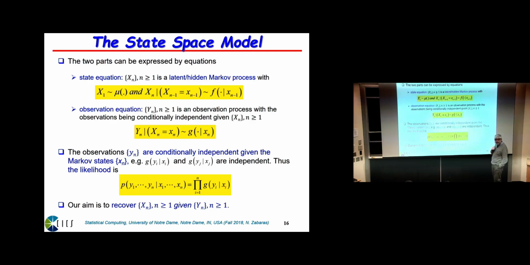We want to be sure that the cost of computing the posterior of these variables does not increase exponentially with n. We want the cost to be the same, if possible, for each n. That's the objective.